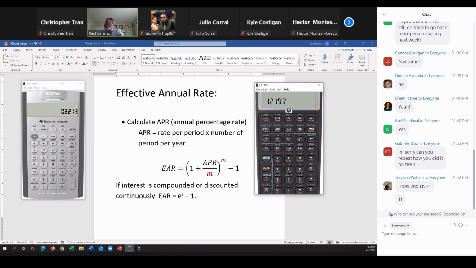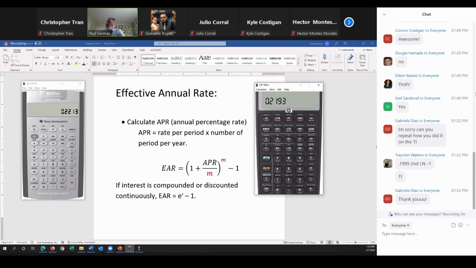Minus 1. That's 0.2193. Monthly, the rate will be 21.93. Daily, 365 days, it will be 22.12. So there will be about 0.3% difference in the rate. And if you have a long-term loan, something like 5 years or 7 years, that 0.3% difference is quite a bit of money. So you want to be aware of that.